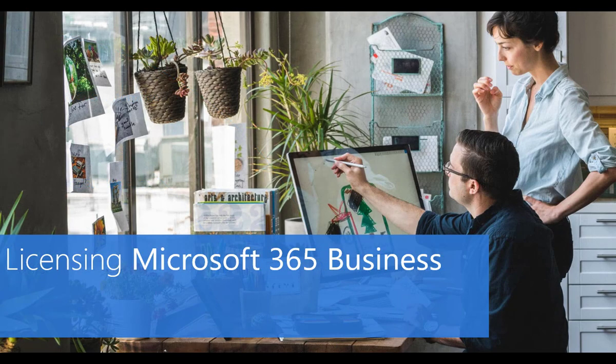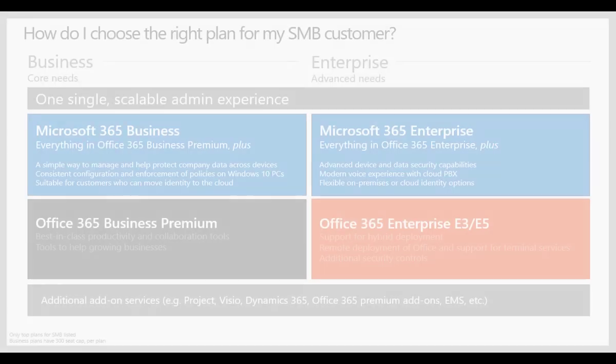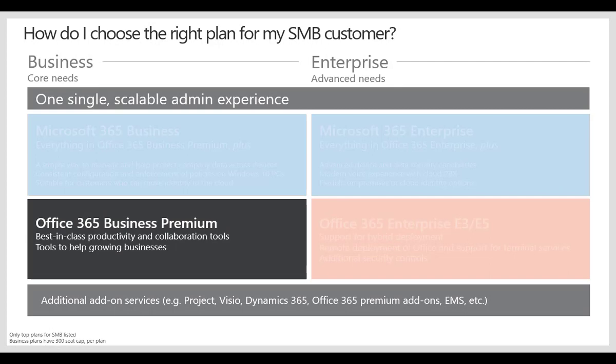So how do we actually manage and control the licensing? What's involved here? Again, the matrix here shows that we typically start out with the Office 365 Business Premium product. This is the same as it's always been. This is a good entry level for especially SMB customers into the world of the cloud.